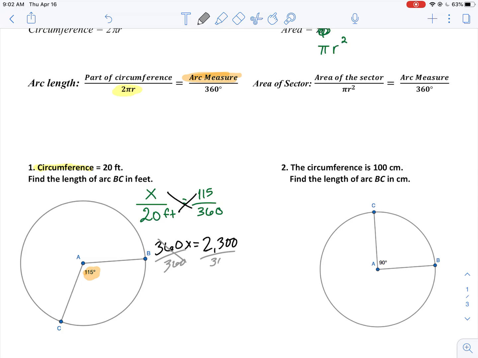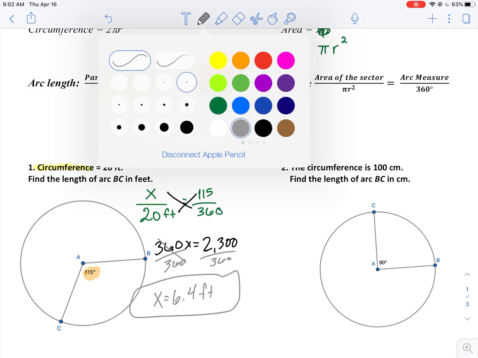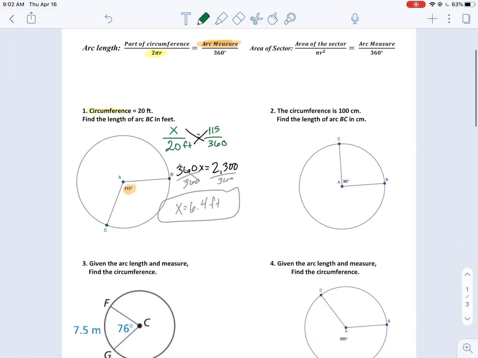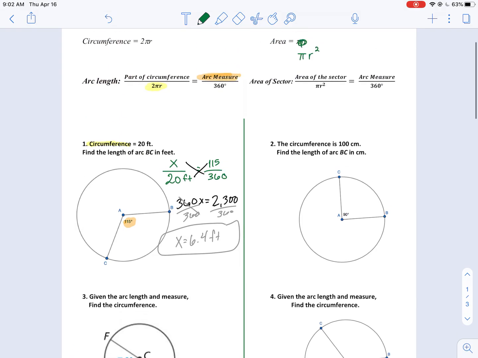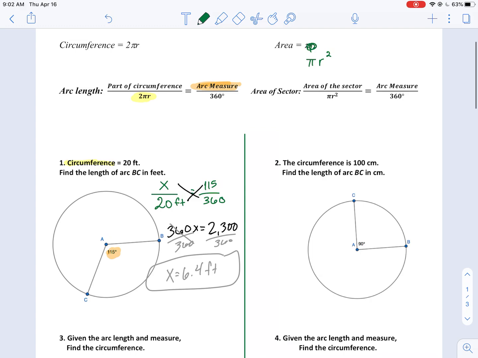Forgot a zero there. So then I can take that 2,300 and divide by 360 on both sides to get 6.38 or 6.4. I think today I asked you to round everything to the tenths. 6.4 feet.